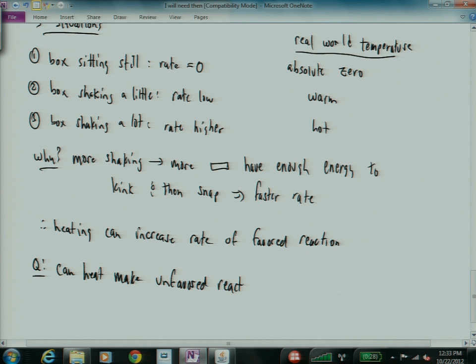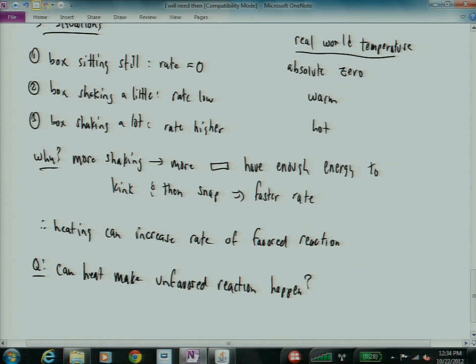So, in the analogy of this, what's the unfavored reaction? Straightening out, right? What's the analogy of heat? Shaking. So how could you translate that into a question of what I do with this? Can shaking harder make them straighten out?